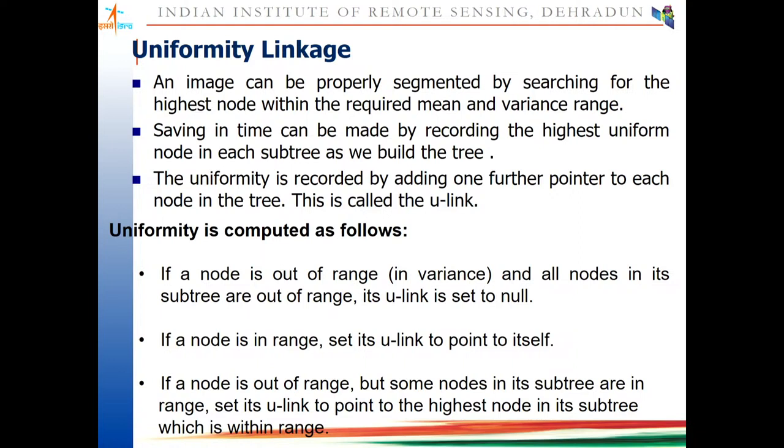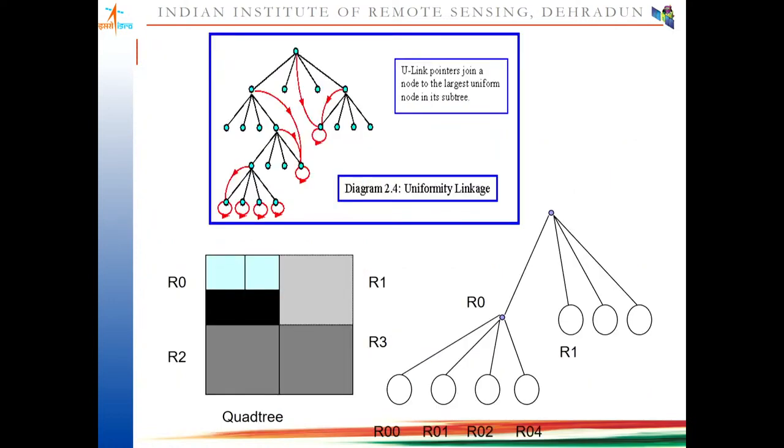So the node is in range, the uniformity linkage is pointed to the node itself. If a node is out of range but some nodes in the subtree are in the range, then the U-link points to the highest node in its subtree which is within the range. So this is the logic that is used to compute the uniformity linkage.